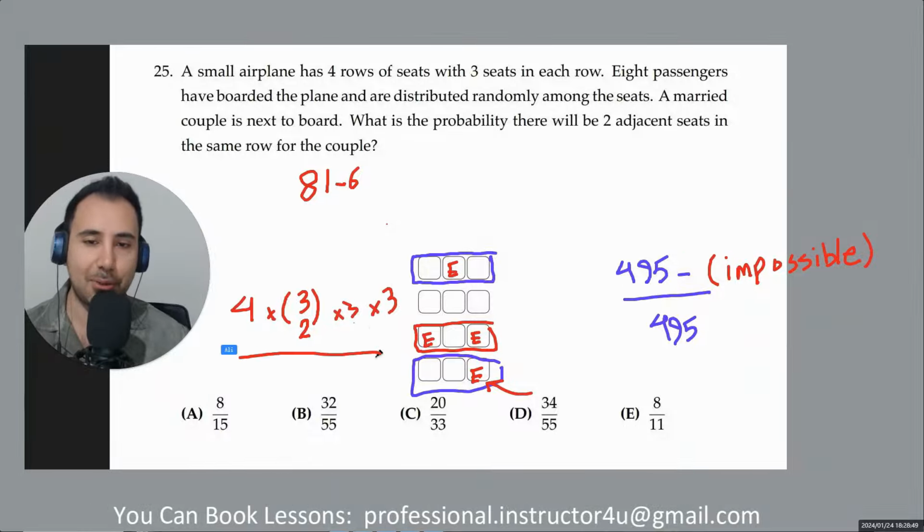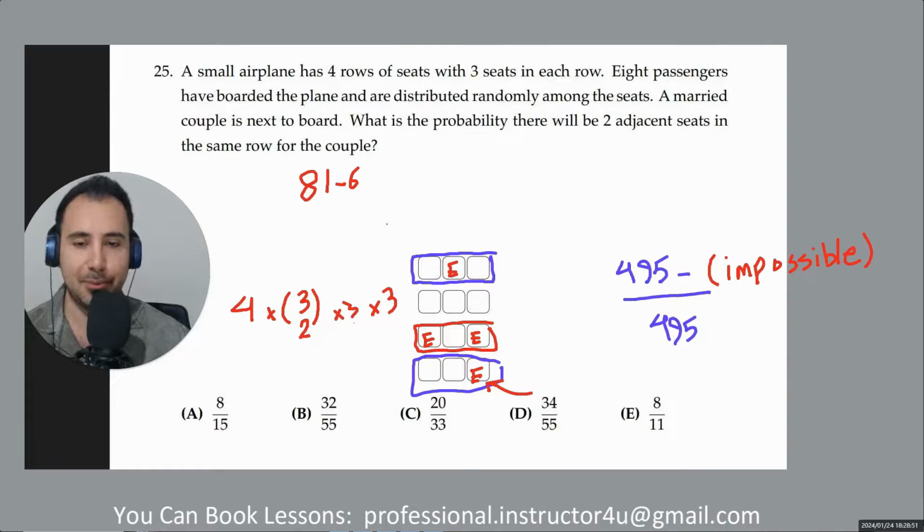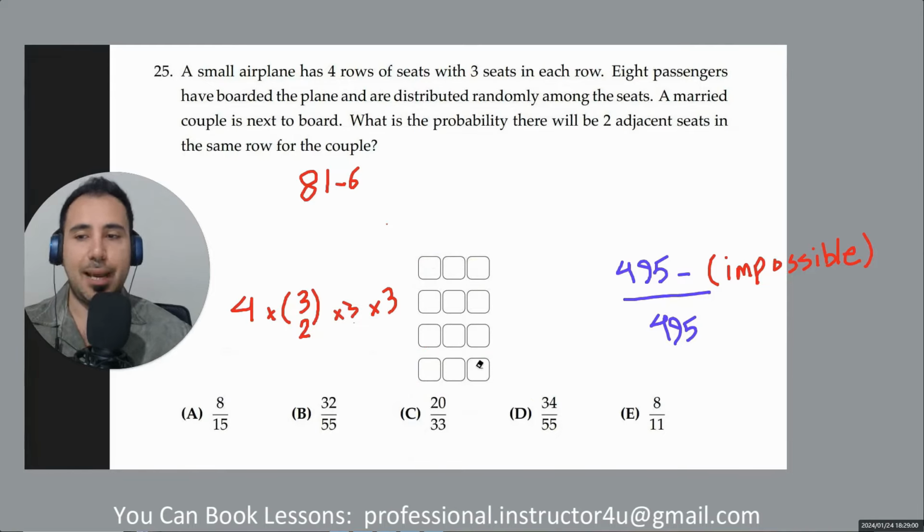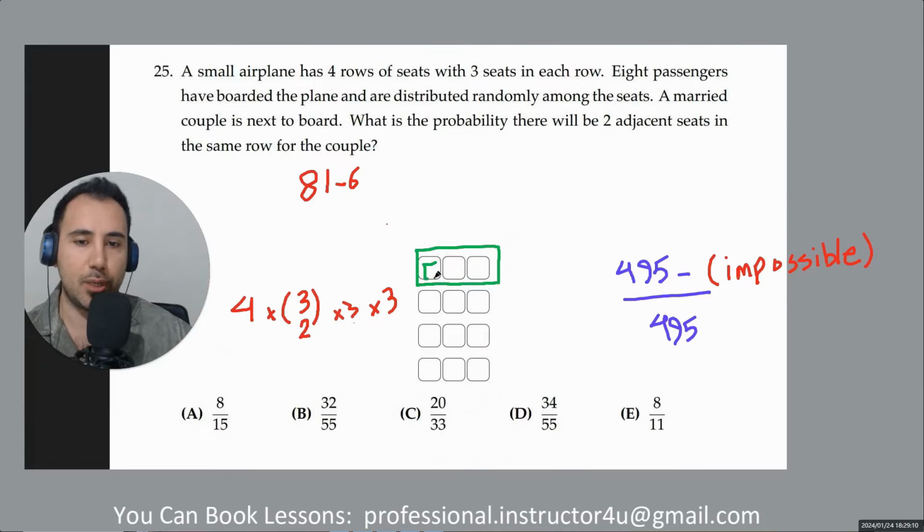So this part probably was the most problematic part to get. Let me review it one more, okay? We had 4 rows, and we're just going to choose one of them, okay? And if we choose this one, it's going to get 2 empty seats.